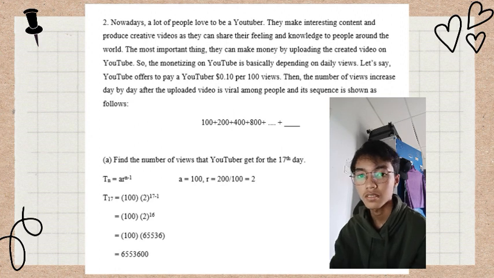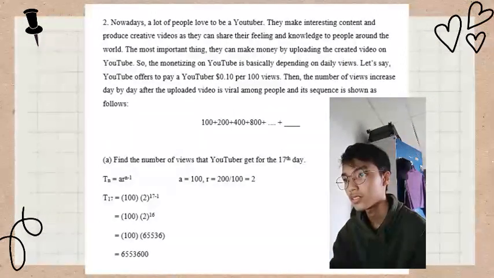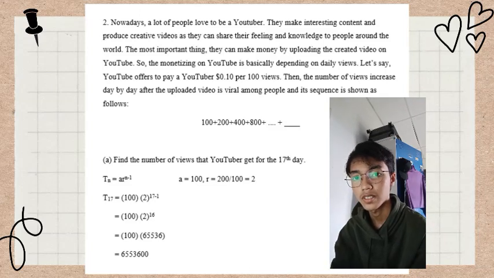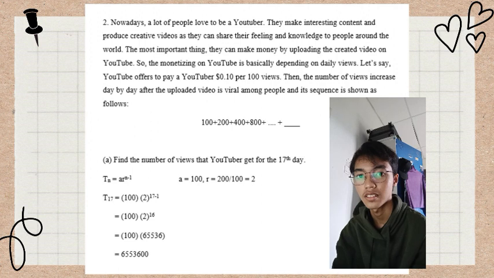So let's answer the first question, find the number of views that YouTube will get for 17 days. So we all know that a is 100 because 100 is the first term. To find r, we just need to divide: 200 divided by 100, we got 2, and n is the 17th day, the day that we want to find the views. So we put all the information together in the formula.